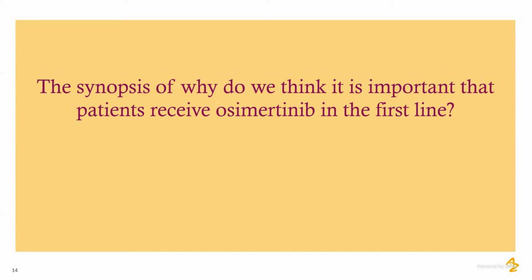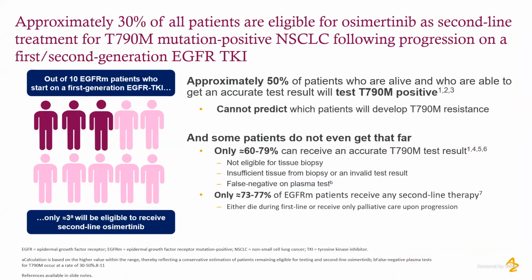This is the synopsis of why we think it is important that patients receive osimertinib in the first line. Approximately 30% of all patients are eligible for osimertinib as second-line treatment for T790M mutation positive non-small cell lung cancer following progression on a first or second generation EGFR TKI.